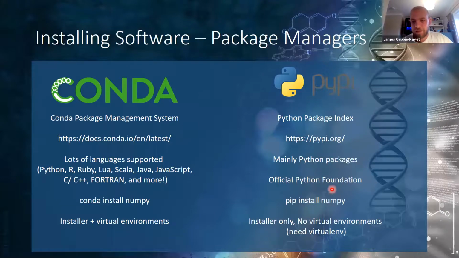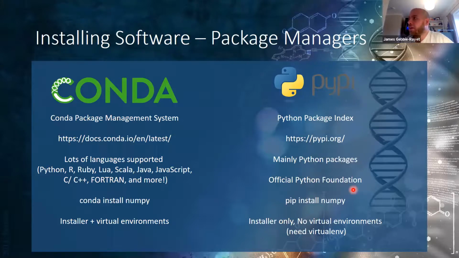But again, it only focuses on Python, really. There are some exceptions where people have pre-compiled stuff and made it available as a wheel, but generally this tool is for Python libraries. There are no virtual environments with this.